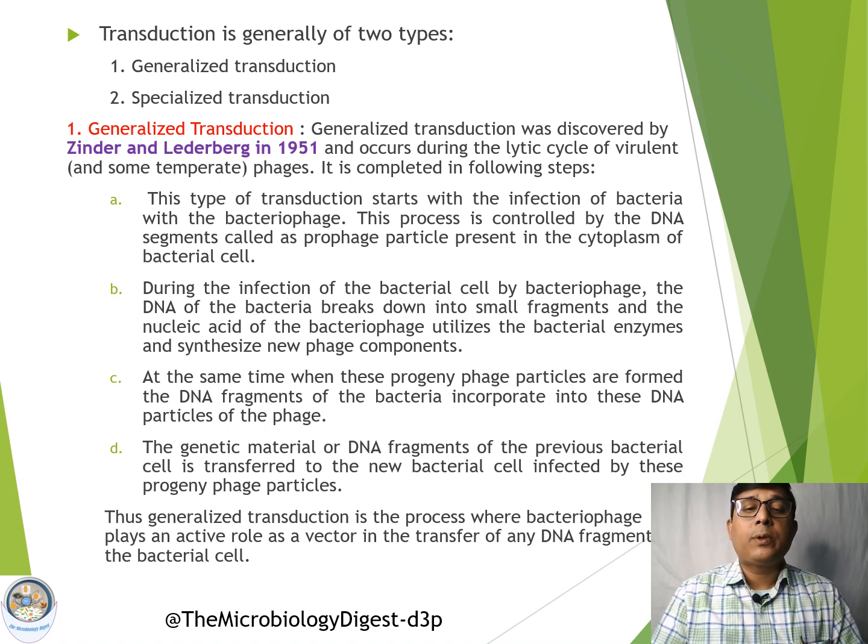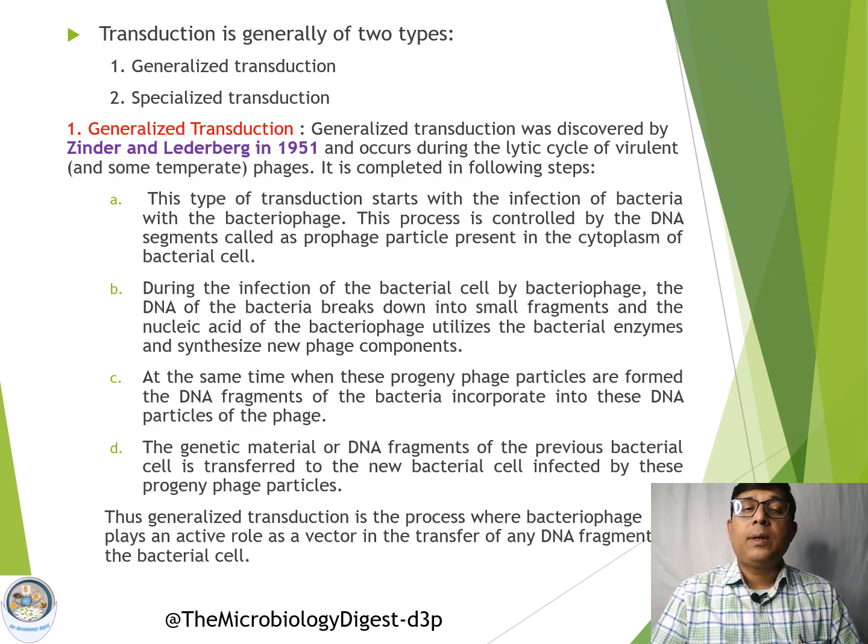So when these new progeny phages are assembled, some portions of the fragmented bacterial DNA are picked up in the progeny phages, and when these progeny phages are released by lysis and infect a new bacteria, parts of the bacterial genome are transferred along with the new phages.